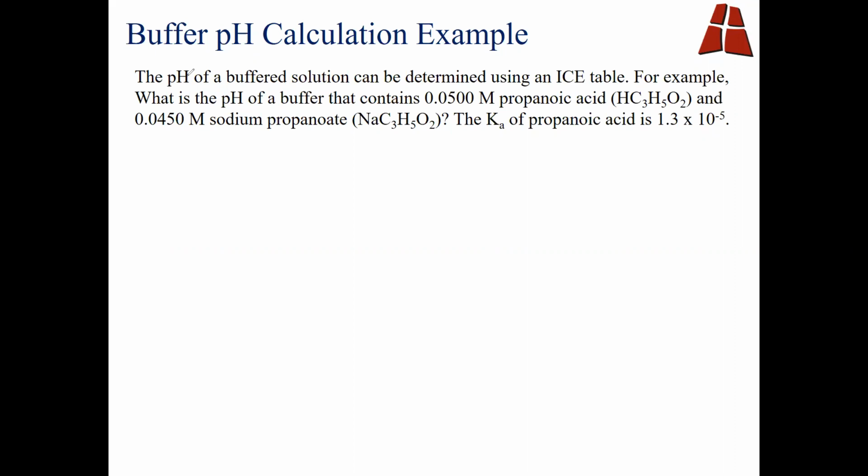And so if we were to do this, we'd start like we would start any other equilibrium problem by writing our chemical equation and our K expression. And so we could say HC3H5O2 plus water is going to be in equilibrium with H3O plus, and our conjugate base C3H5O2, right?